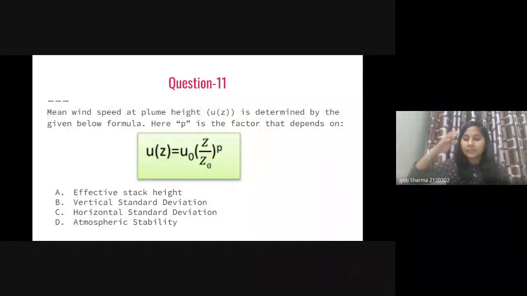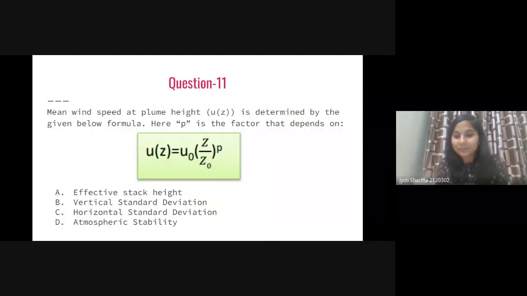This is not about the chimneys, this is just about your vertical profiling. Whenever there is an increment in height, the wind velocity will also increase. So here the p value will depend upon what? Now you can estimate. Horizontal?